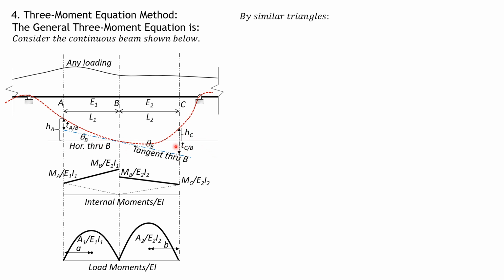So this leg of the right triangle is the deviation of C relative to B minus H sub C. So HA minus the deviation of A relative to B over L1 equals the deviation of C relative to B minus H sub C over L2. Then rearranging, HA over L1 minus the deviation of A relative to B over L1 equals the deviation of C relative to B over L2 minus H sub C over L2.